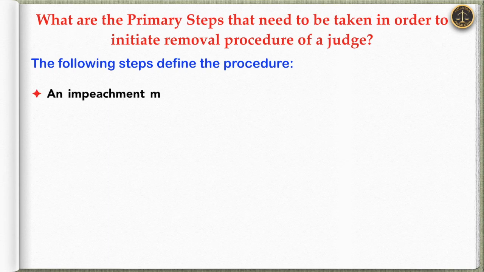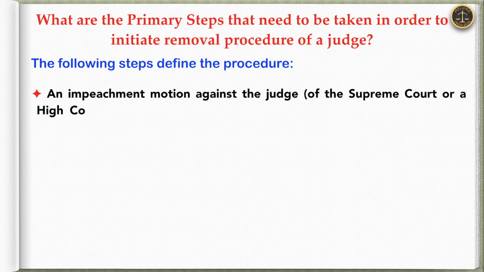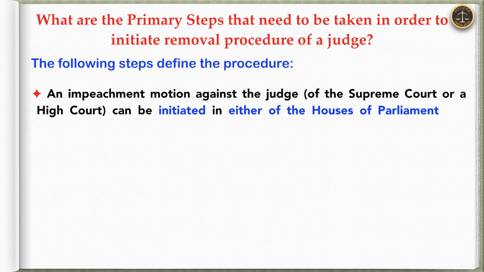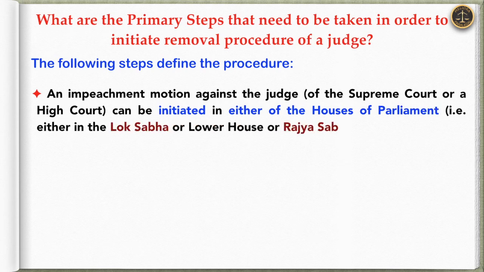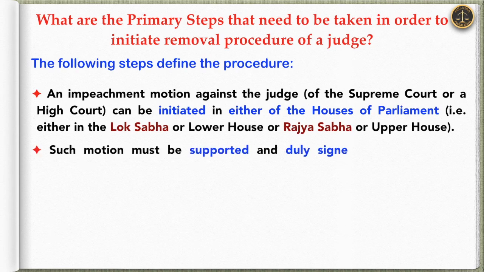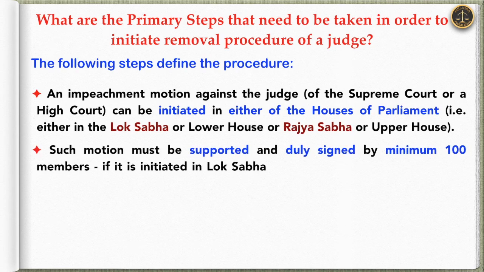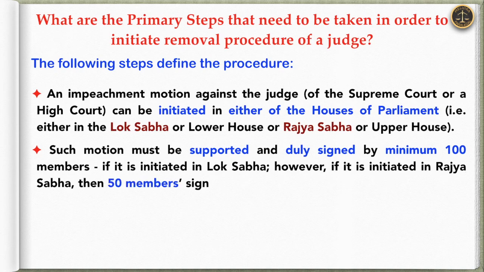An impeachment motion against a judge of the Supreme Court or a High Court can be initiated in either of the Houses of Parliament. It may be Lok Sabha, that is the lower house, or Rajya Sabha, that is the upper house. Such a motion must be supported and duly signed by a minimum of 100 members if it is initiated in Lok Sabha.